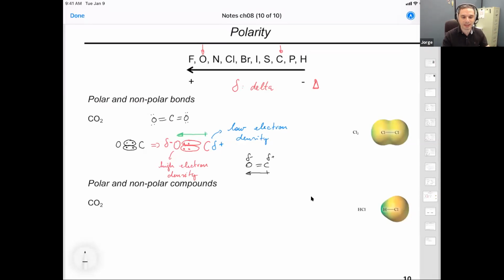When we create the polarity, we can label this bond as a polar covalent bond. The meaning of a polar covalent bond is that the pair of electrons is closer to the most electronegative atom involved in the bond.